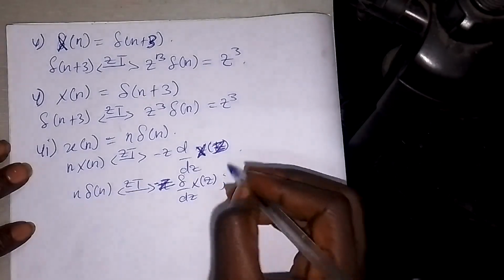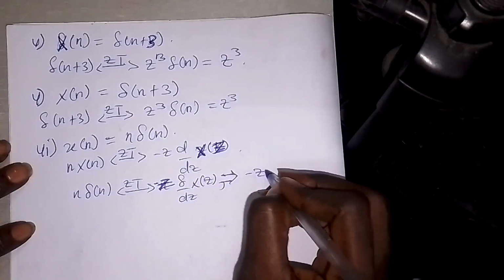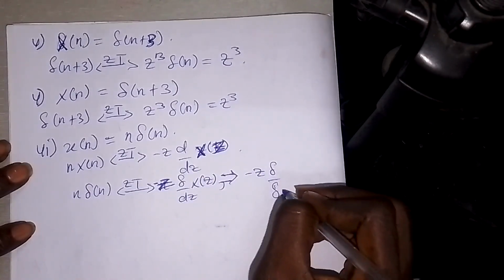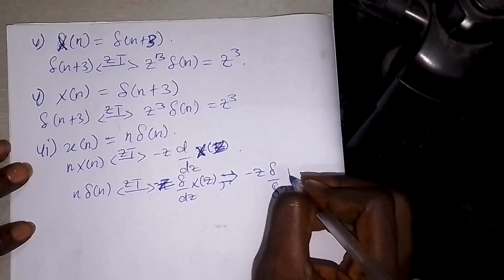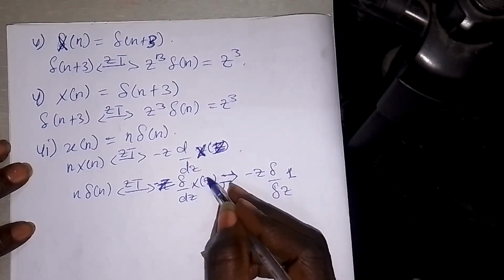Therefore, this place is going to be minus z into d delta z, okay, into 1, because the z transform of a unit impulse signal is 1.